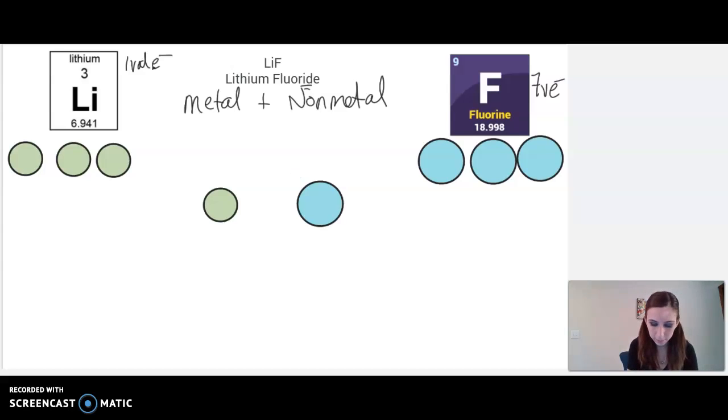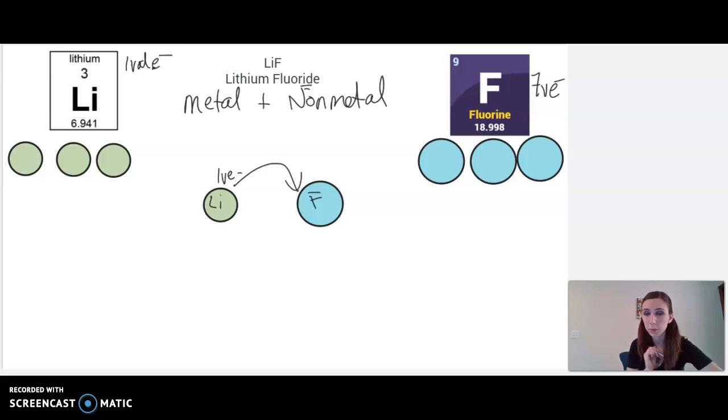Then our lithium, with its 1 valence electron, is going to give it to fluorine. So lithium is going to give its valence electron to fluorine. And what this is going to do is it's going to change the charges. This is where the ions come into play.